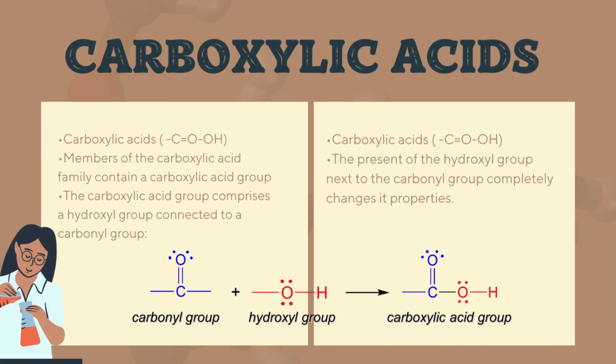Then we've got carboxylic acids. A carboxylic acid is an organic acid that contains a carboxyl group. So remember, with alcohols, we said they contain hydroxyl groups. With carboxylic acids, the COOH group is attached to the alkyl group.